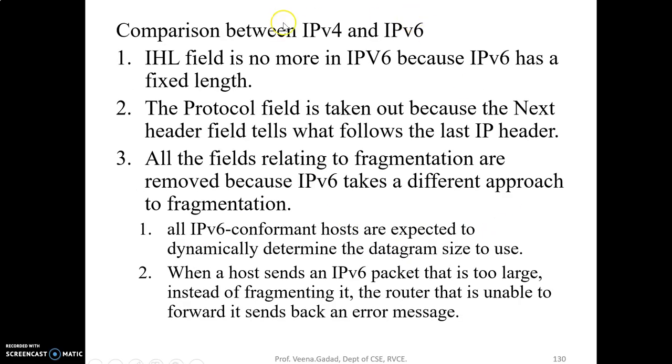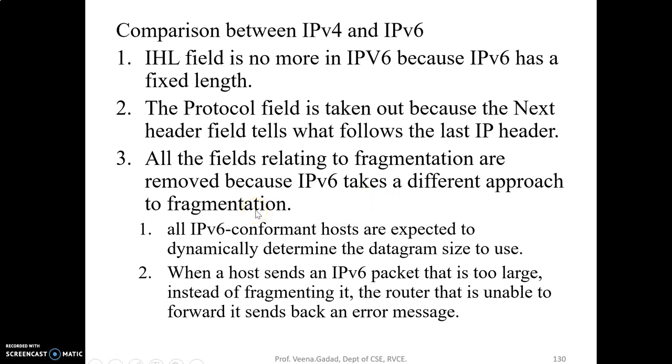Now if you compare IPv4 and IPv6, you don't have the IHL field because IPv6 has a fixed length header. The protocol field is completely taken out because it is decided by the next header field, and all the fields related to fragmentation are removed because IPv6 takes a different approach to fragmentation.